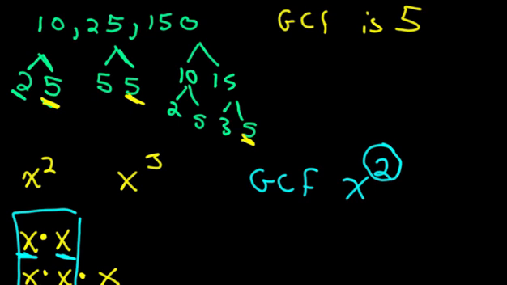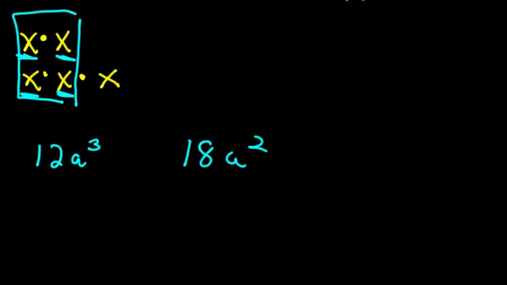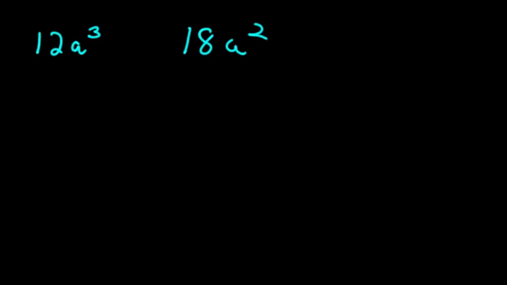I know that's confusing. The greatest common factor is the lowest exponent. But here we can look. You can't get an a cubed without having an a squared in it in the first place, and this already has an a squared. So we know our GCF is going to have an a squared. So we've taken care of the variable.